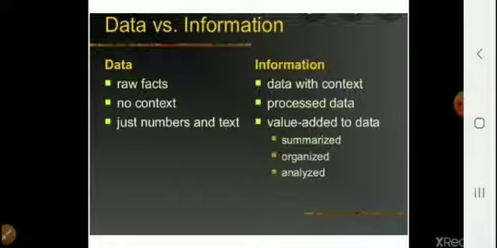So data is raw facts and information is data with context. In data, no context, and information is processed data. When work is done upon the data or it is put in an organized way, then it is known as information. But the third point, data is just numbers and text, and information is value added to data, like summarized, organized, and analyzed.